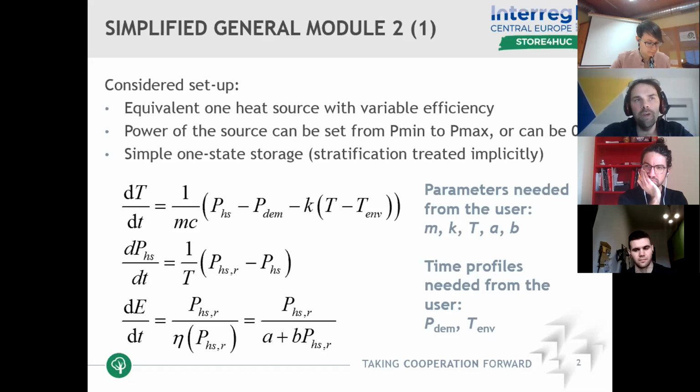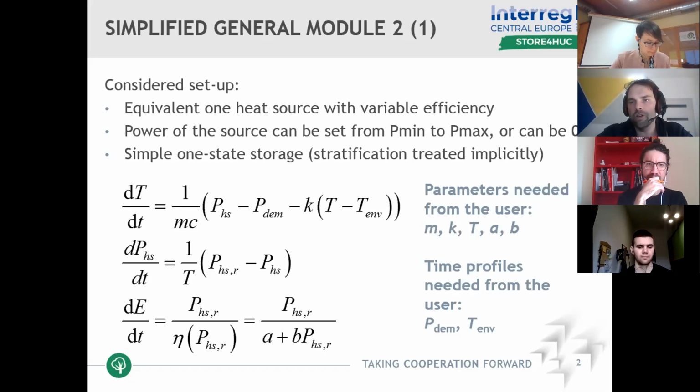So this would be this simple generalized model, which could be used in different setups. Although it is quite simple, it should be representative for a large group of heating systems, where you might have several different sources supplying the same storage.